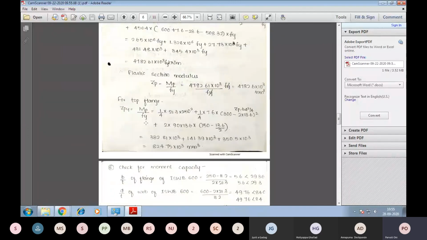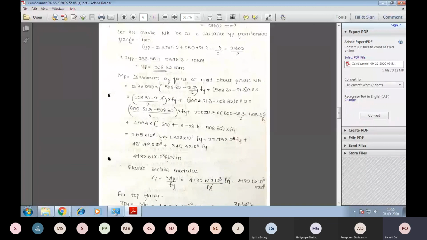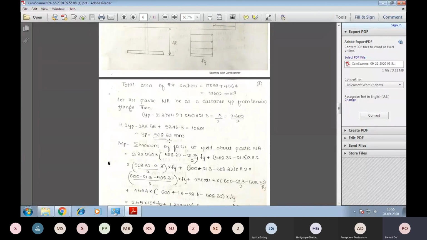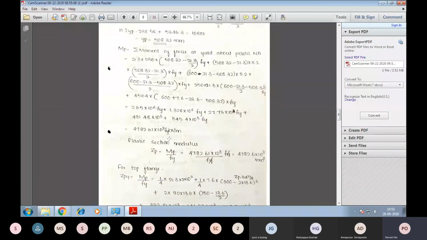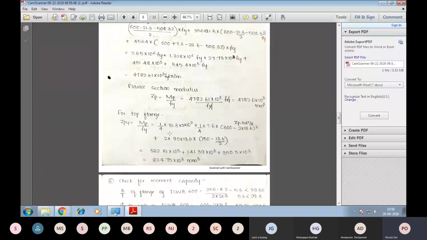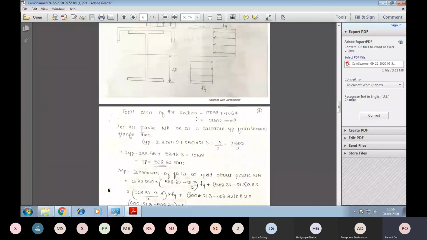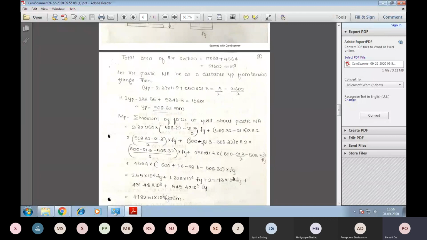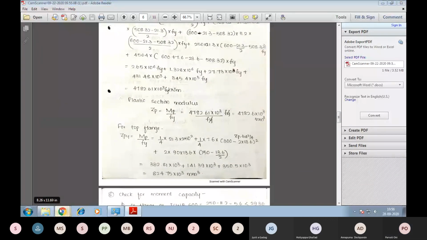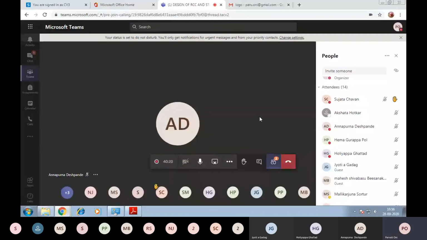These are the section parameters, that is the plastic section modulus, then the elastic section modulus, and for the top flange separately you have to get the section modulus. Okay, so till this plastic section modulus be perfect, because don't go wrong in this calculation. Is there any doubt? Okay.